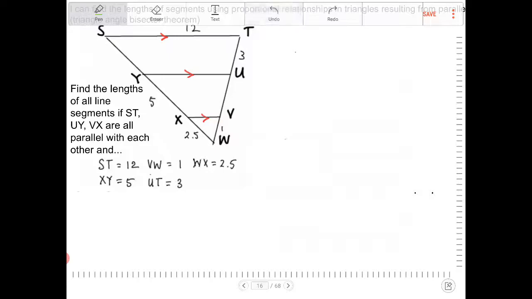then what that implies, according to the side-splitter theorem, is that this must be 2, because UV must be double that of WV. And according to the side-splitter theorem again, if I know that UV to UT is equal to 2/3, I also know that XY to SY will share the same proportion, but I already know what XY is.